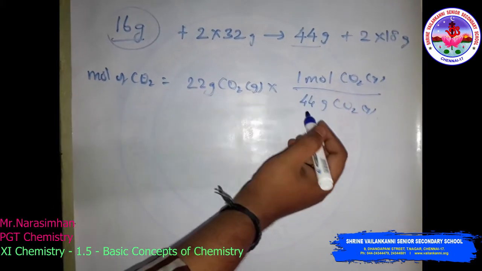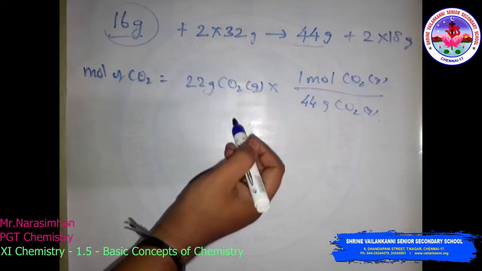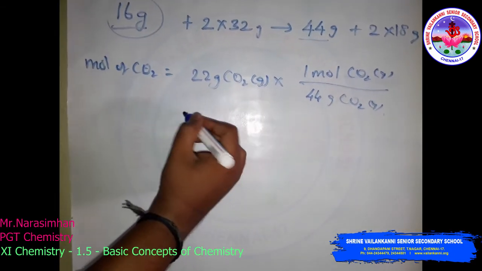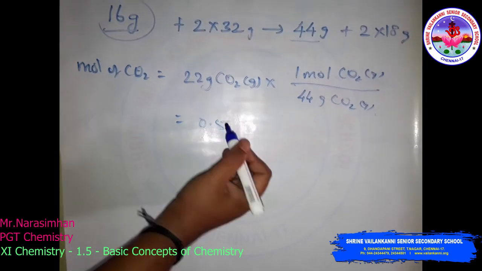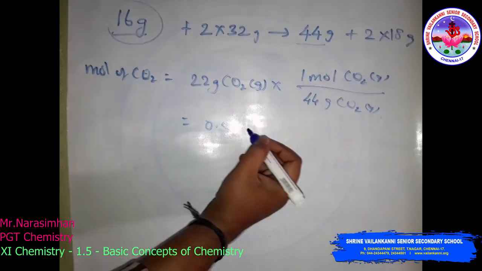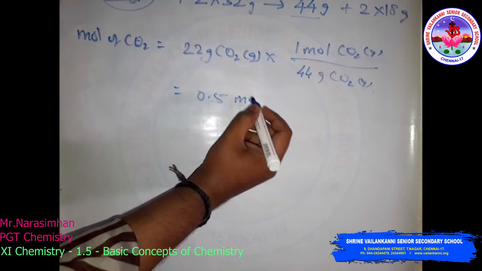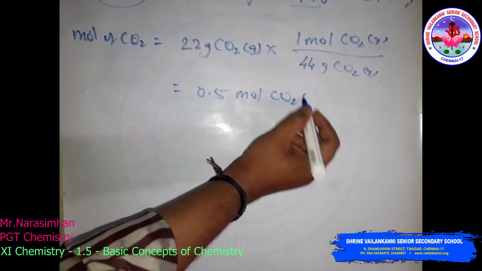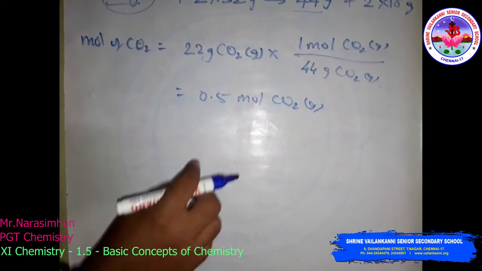So it will become 22 divided by 44, that is 0.5 mole of carbon dioxide gas. Okay.